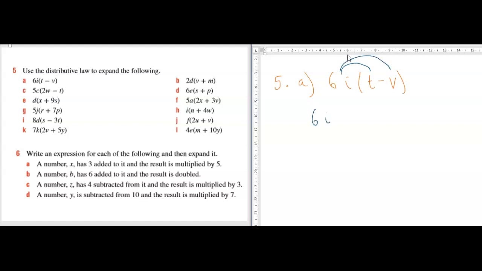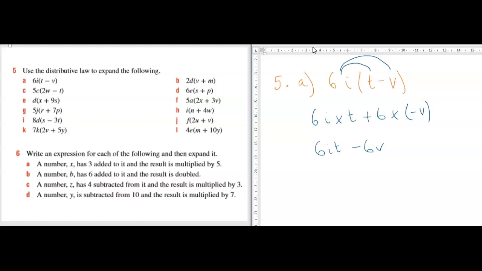So I'm going to write 6i times t. Make sure your handwriting is neat so we don't get our letters, numbers and multiplication signs mixed up. And then 6 times negative v. So 6i times t gives you 6it, and 6 times negative v gives you negative 6v.